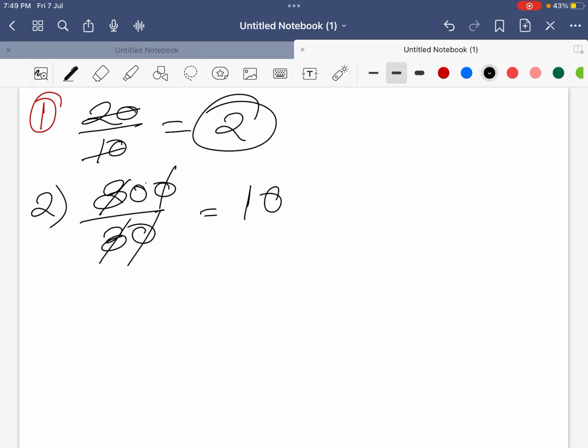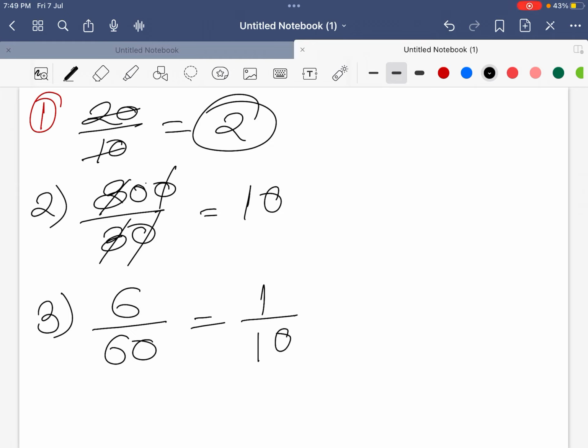Next, just reverse this, divide the smaller number by the bigger one. So write down the third example. The equation is like this: 6 divided by 60. We know that 6 ones are 6, 6 tens are 60.